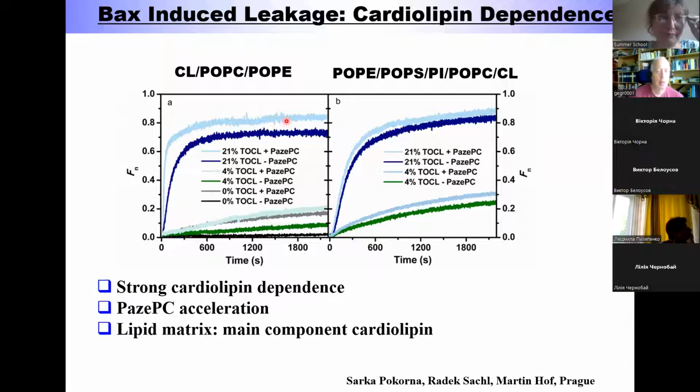And oxidized lipids both increase the attachment of Bax to the membrane and cause pores. But it was quite important to say that without cardiolipin, not much happens, and without oxidized lipids, also not so much happens. And this is accelerating. So it's important that in our membrane we always keep cardiolipin when we do Bax.